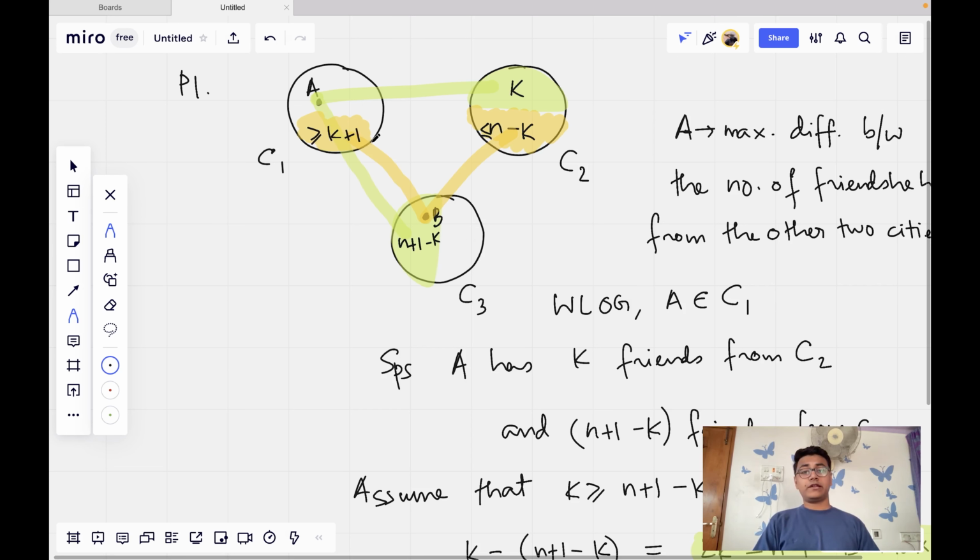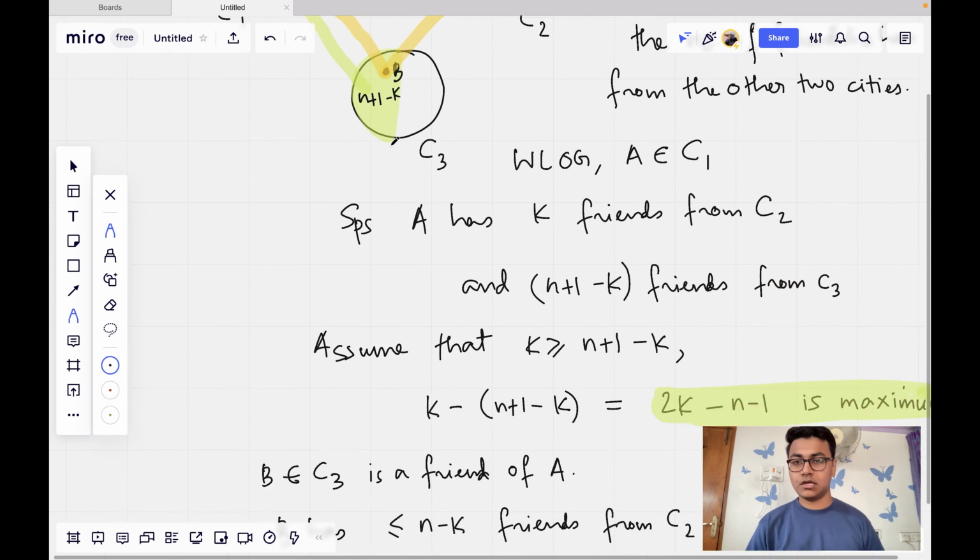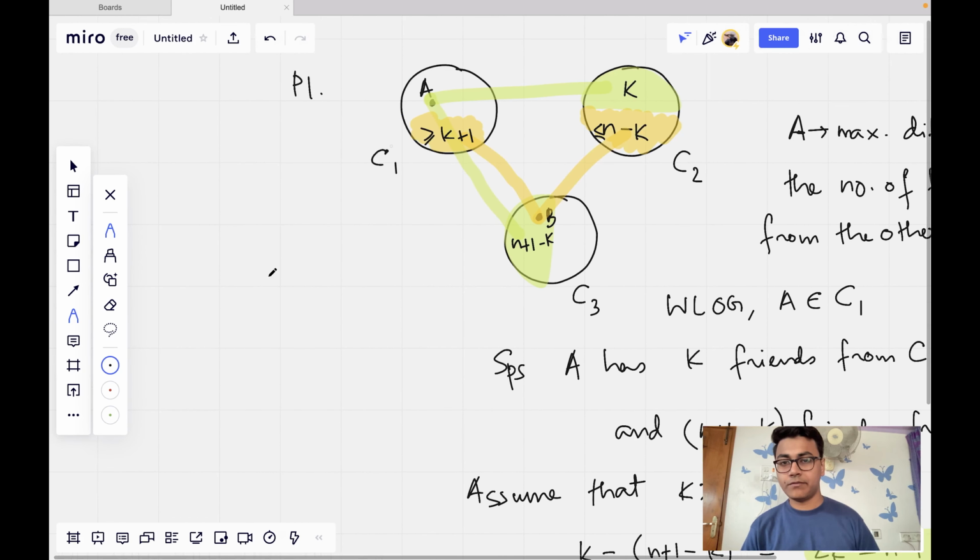Now we will look at the difference between the number of friends B has from the two cities. First notice that since we had assumed that k is greater than or equal to n plus 1 minus k, k plus 1 is easily greater than or equal to n minus k.